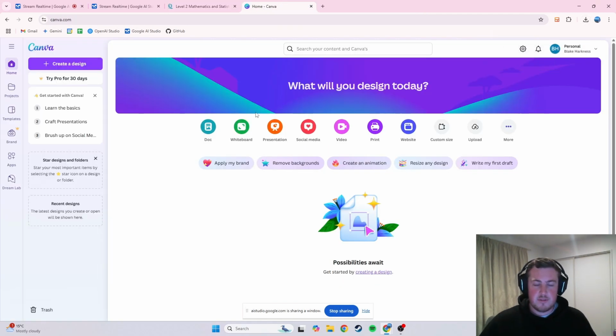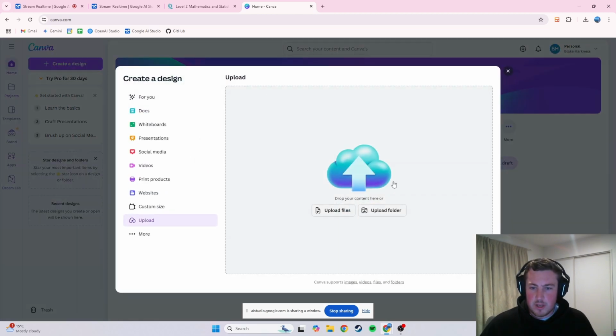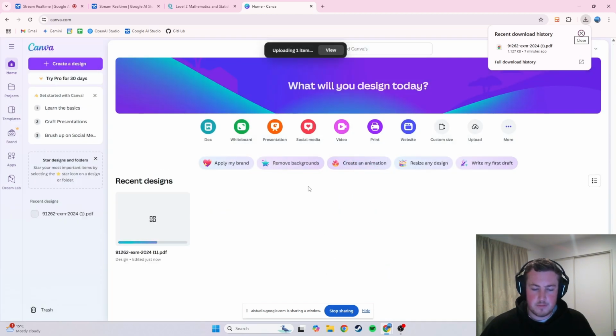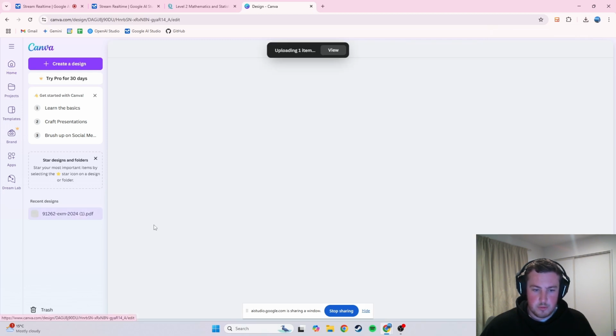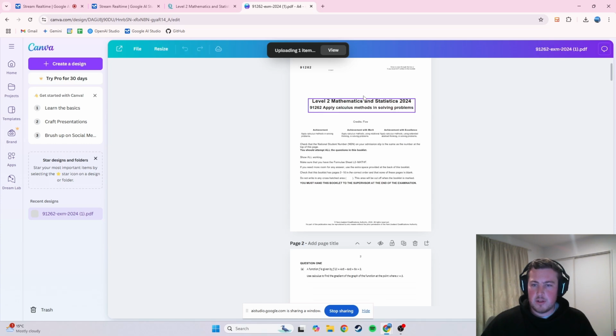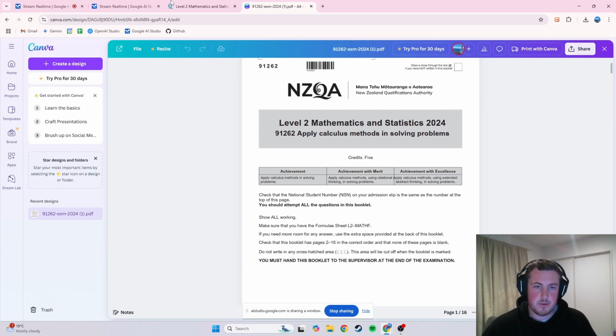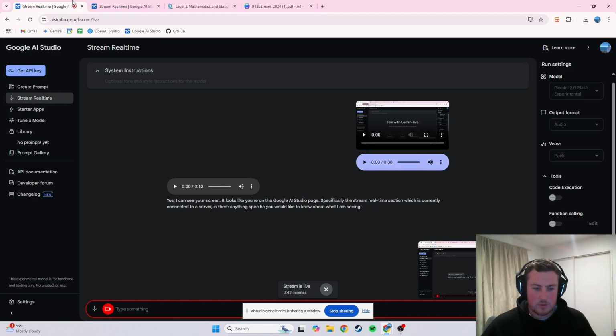When I use Canva, this is what I use to edit the PDFs, but you can use whatever you'd like, and we'll go here and drag and drop. Once it's in and all loaded, we can click that to open it, and we can zoom in a little bit. Sweet.